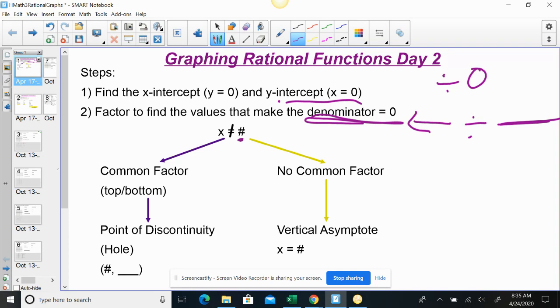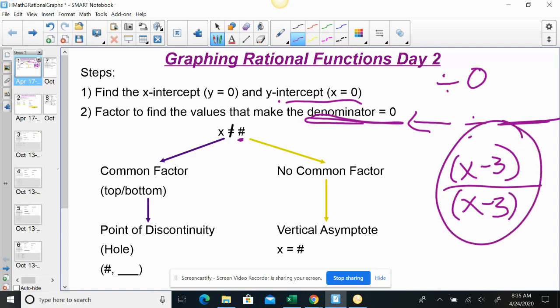And then if there is a common factor, say when we factor we have an x minus 3 in the top and an x minus 3 in the bottom, this is a common factor. Common factors lead to a unique situation called a point of discontinuity, commonly just called a hole. Since it is a point, we write it as an x and a y: we use the x value that it can't equal, and then solve algebraically for our y.